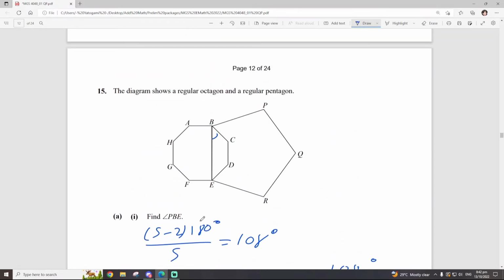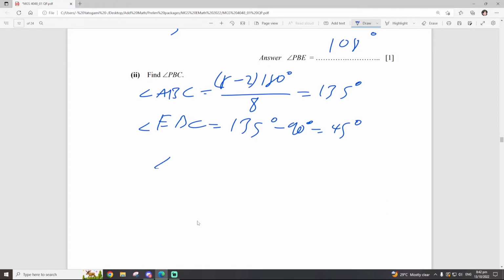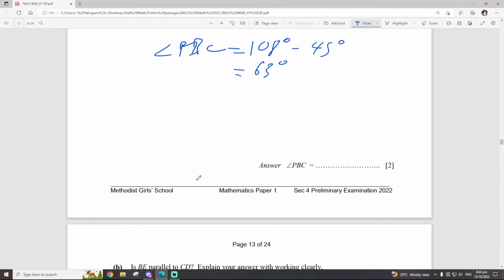And then PBC is 180 degrees minus 45 degrees. The question did not really ask for proof of every step, so I think this is fine. You can go ahead and prove that it's a right angle if you want as an exercise, but I don't think it's necessary. There's only 2 marks, and they didn't ask for reasons.